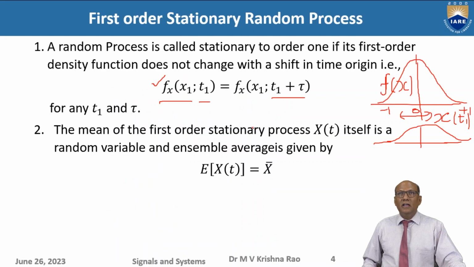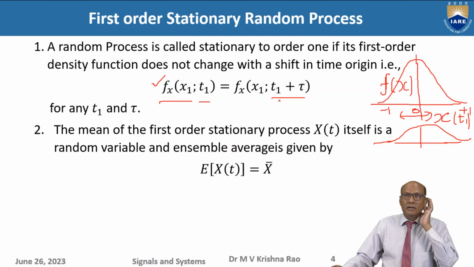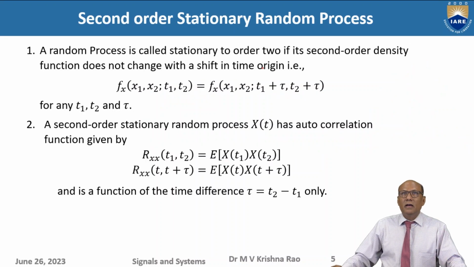Then in that case, I call it second order stationary. That means a random process is called stationary to order 2, stationary to second order, if its second order density function does not change with a shift in the time origin.